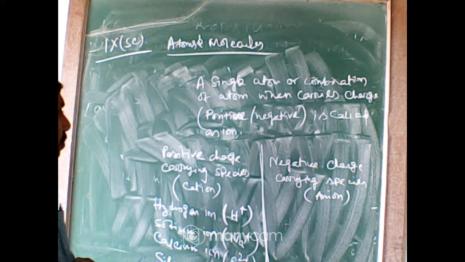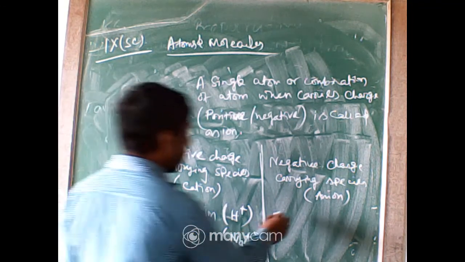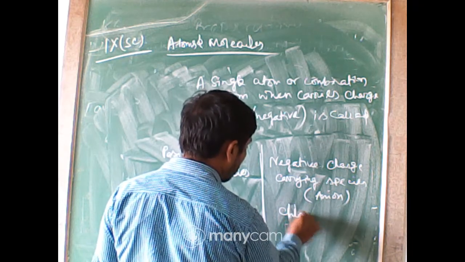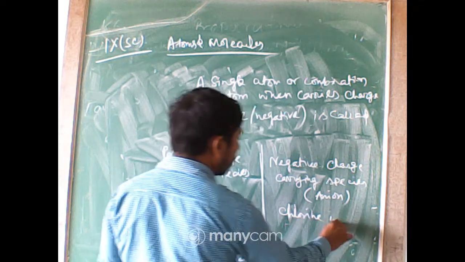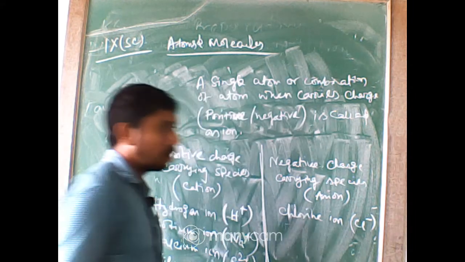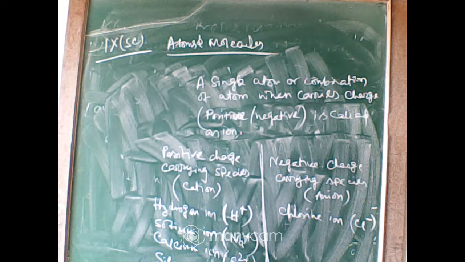Next one, I am moving to the examples of negative charge. First of all, it is chloride ion. Formula is Cl minus. Next one, sulfide ion.